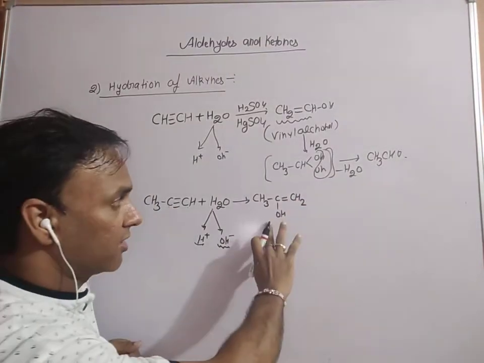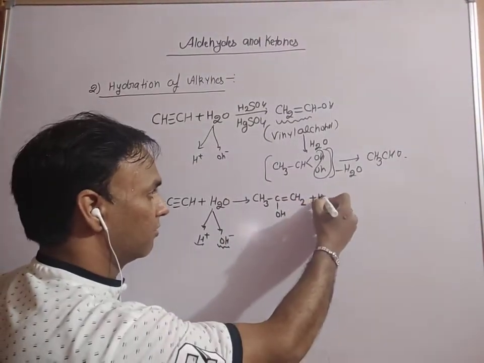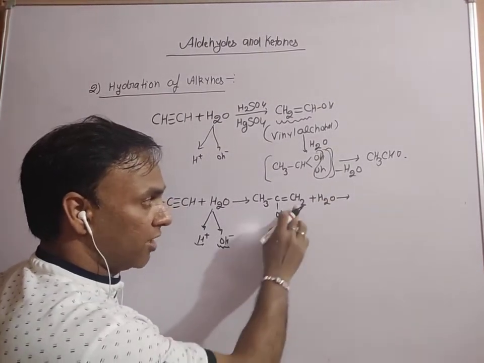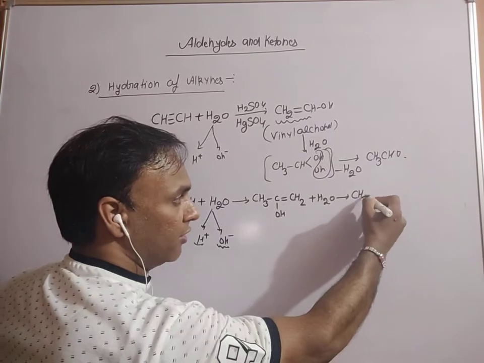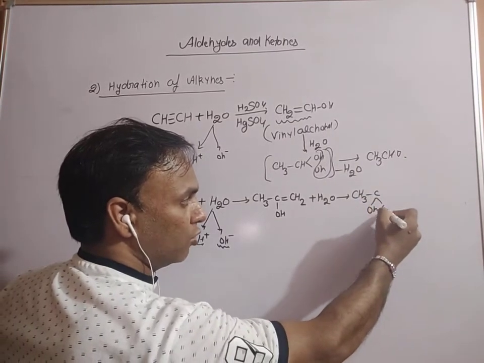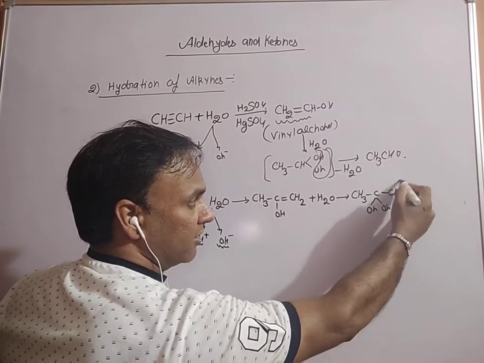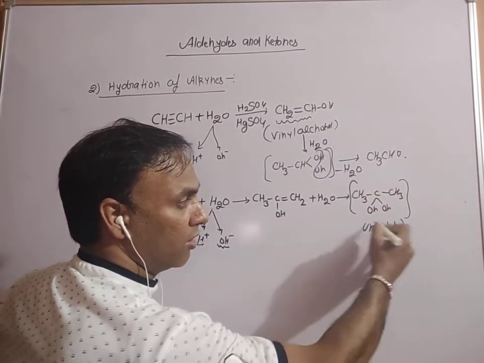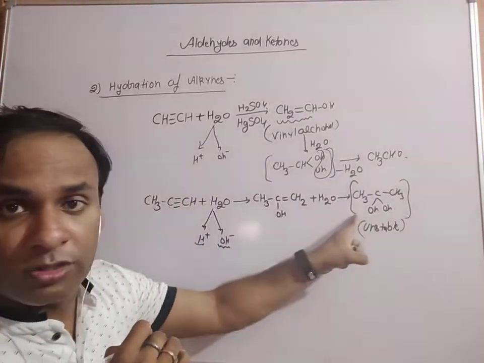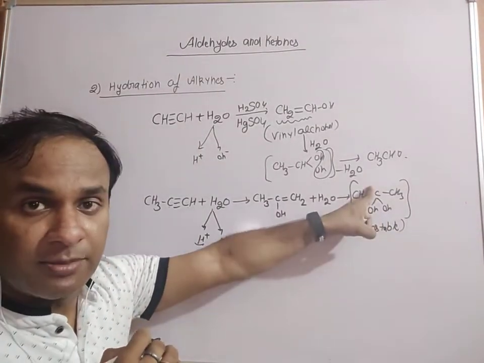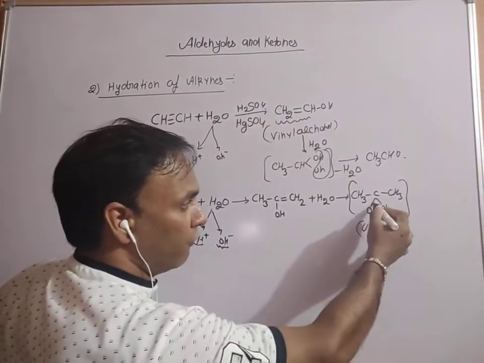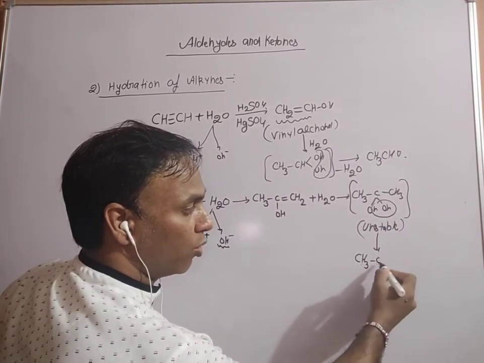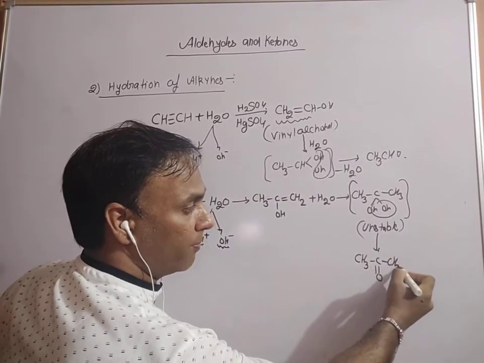Clear? This compound further reacts with water, H2O, meaning OH and H, and it turns into CH3 C(OH)2 CH3. This compound is called an unstable molecule because two hydroxyl groups are present on the same carbon atom. So the water is automatically removed from this compound and ketone is obtained.